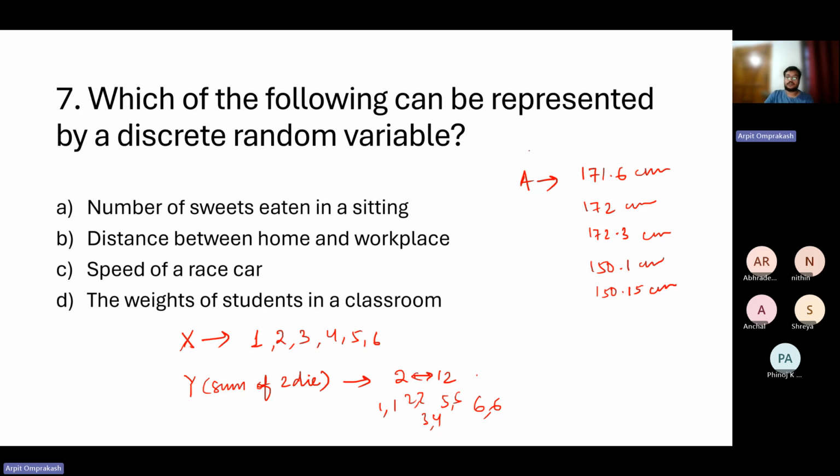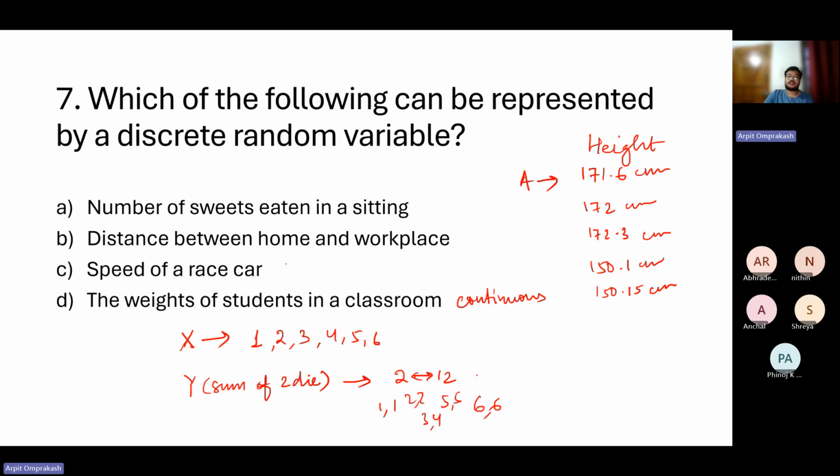So if we go from the height to the weight, we can see that weight is again similar. So weight is a continuous random variable because we can have values of weight which are, let's say, 75.6, 75.65, 75.62, and so on and so forth, right?